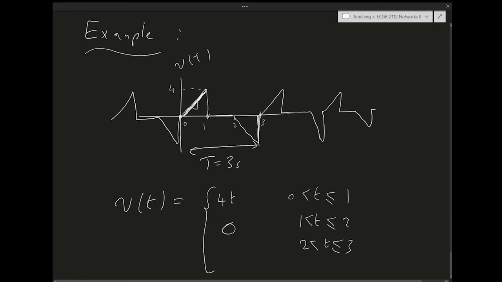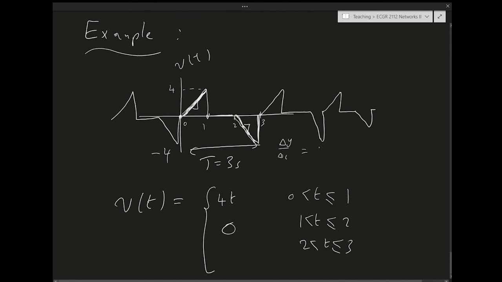Okay. A little bit trickier is 2 to 3. This is still a line, a linear segment. So this is a linear function. What's its slope? The slope is delta y over delta x. What's delta y? So this is minus 4 here.